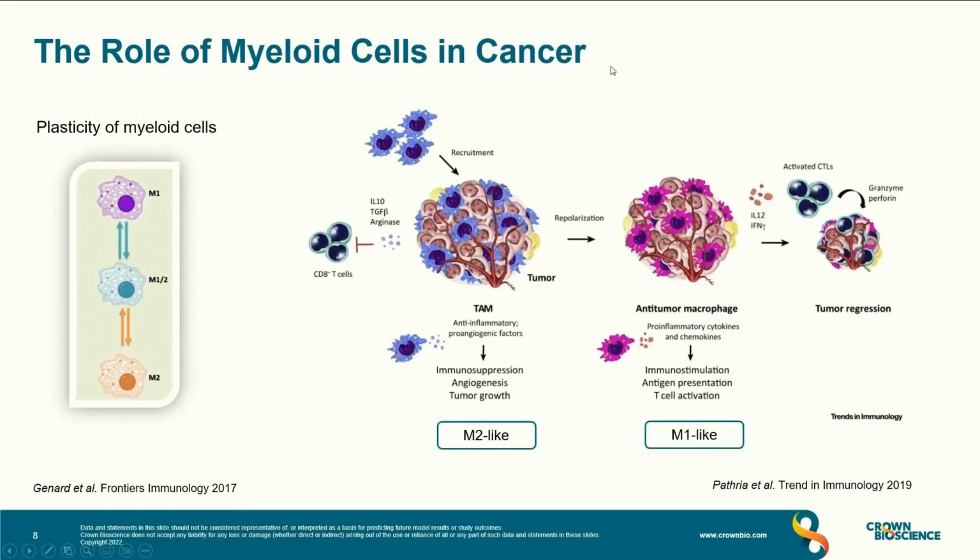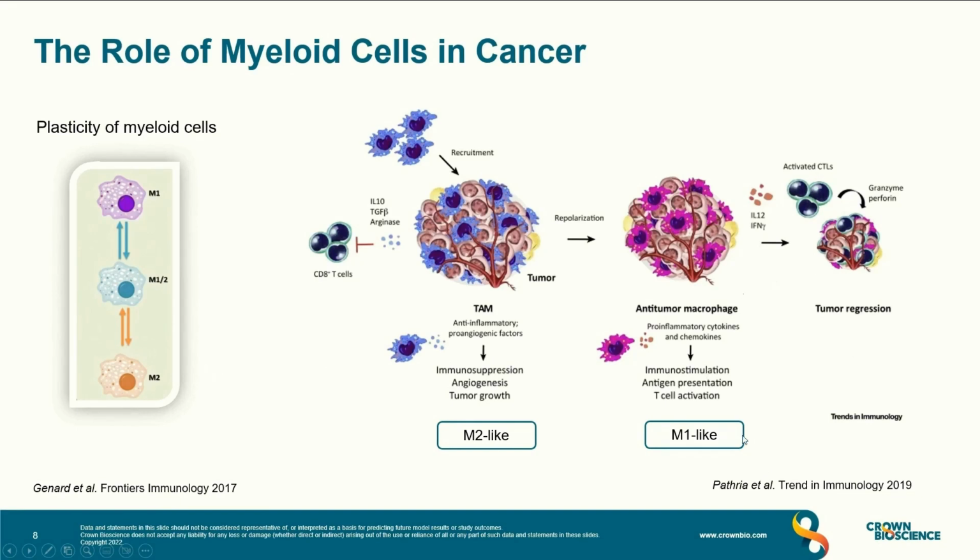First, the role of myeloid cells in cancer. Especially macrophages have been notoriously known to be involved in tumor progression. There are different polarizations of this subtype: M1 macrophages, an in-between phenotype, and M2 macrophages. The M2-like macrophages, also known as tumor-associated macrophages, have pro-tumorigenic effects like immune suppression, stimulating angiogenesis, and facilitating tumor growth.